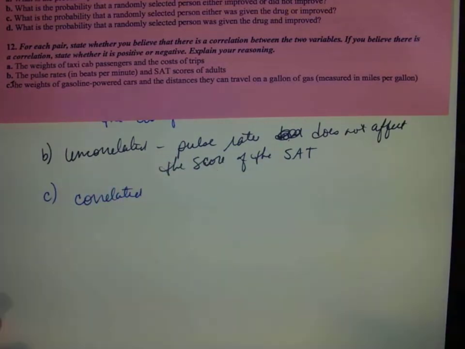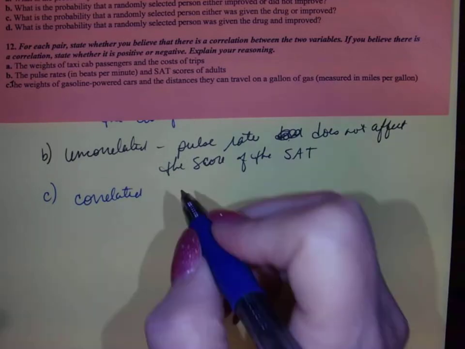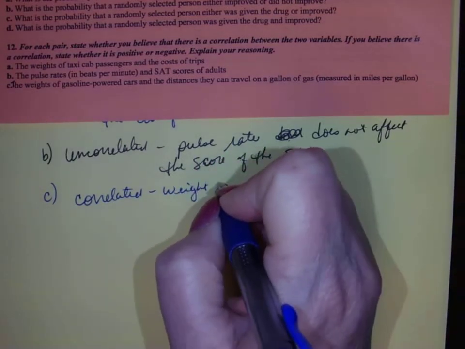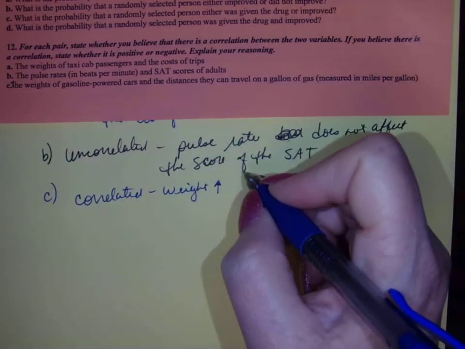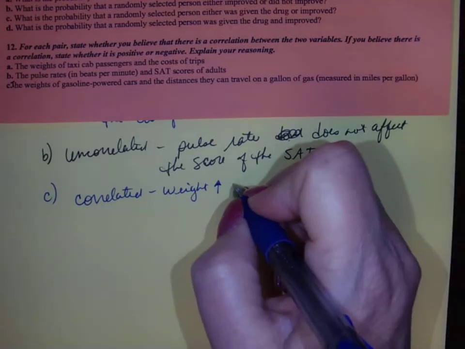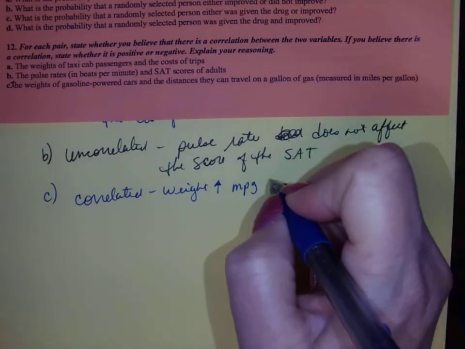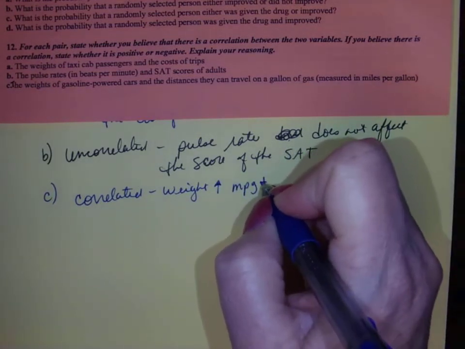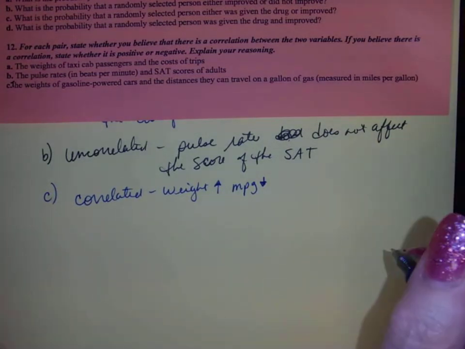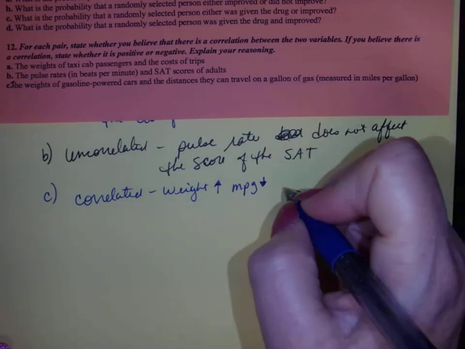And let's talk about that. As the weight goes up, what happens to the gas mileage? The MPG, the miles per gallon, goes down. The more the car weighs, the lower the gas mileage will be. So this will have a negative correlation.